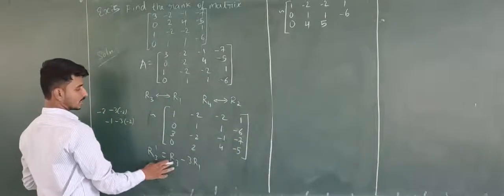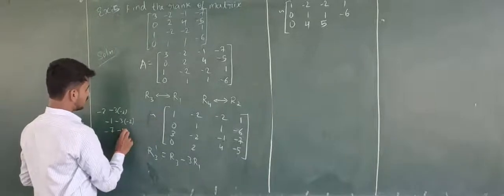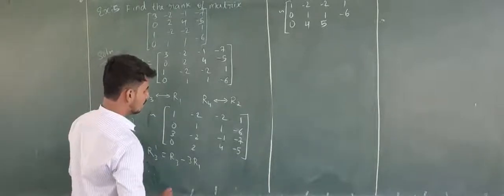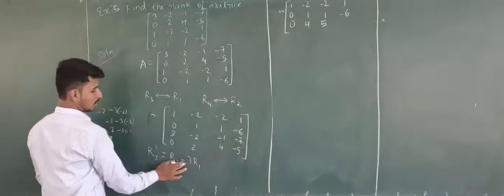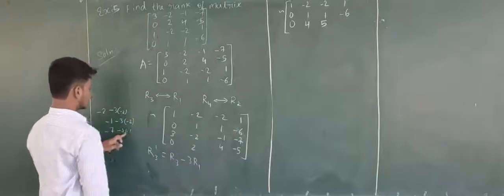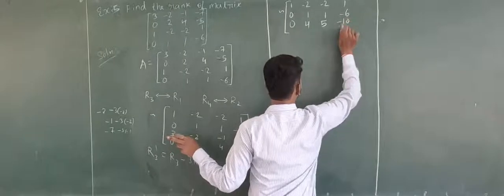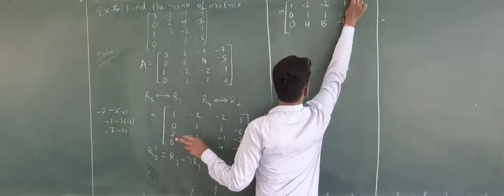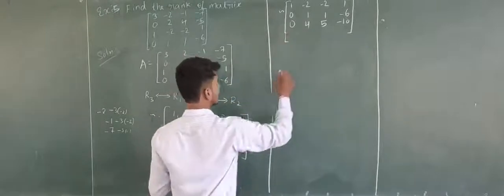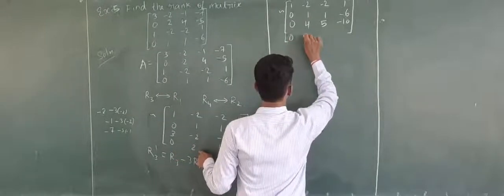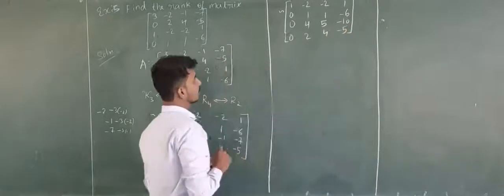Next, minus 7 minus 3 into 1, that is minus 3, minus 7 minus 3 will be -10. So we write the last row as it is, that is 0, 2, 4, -5.